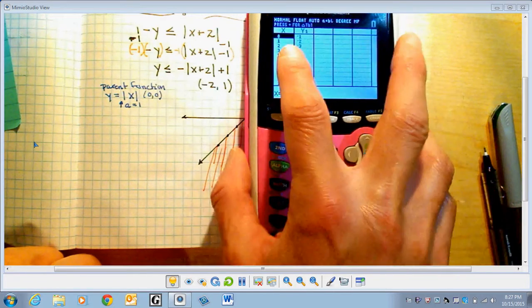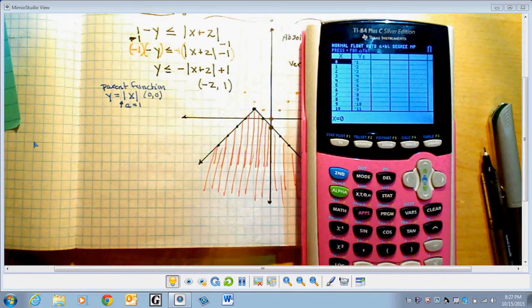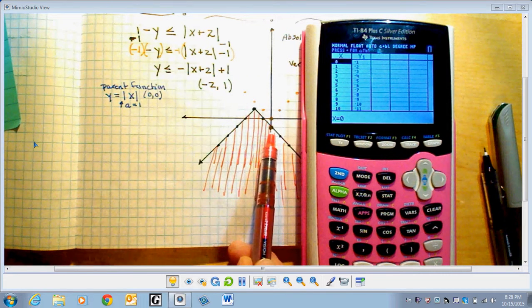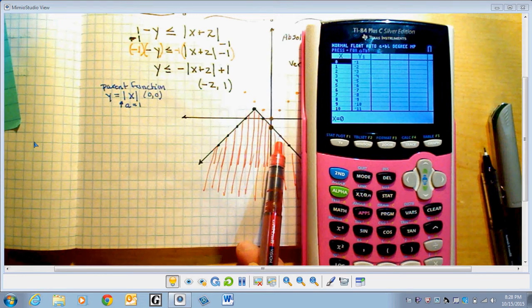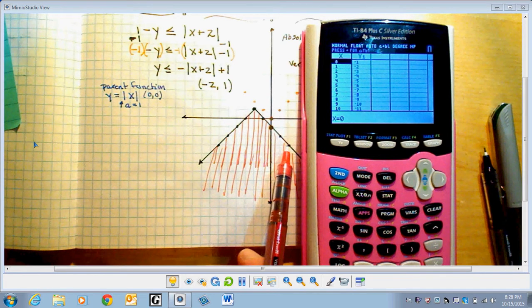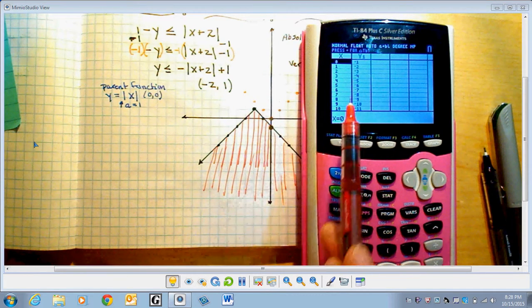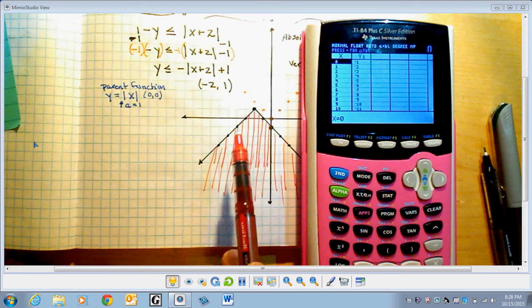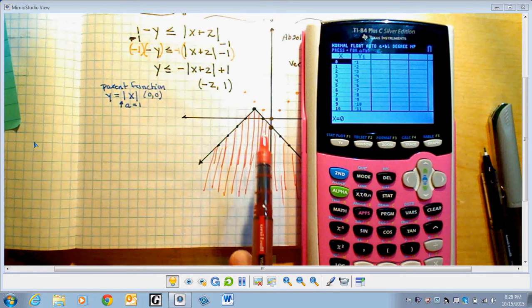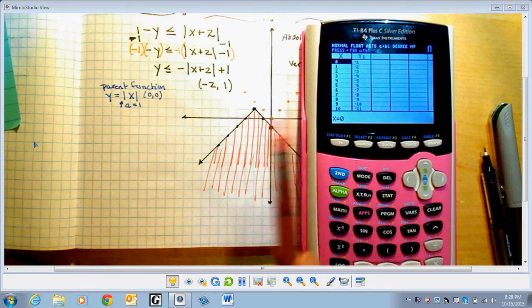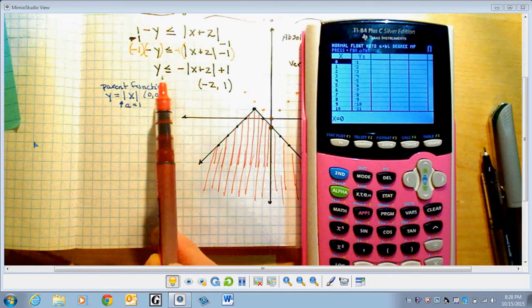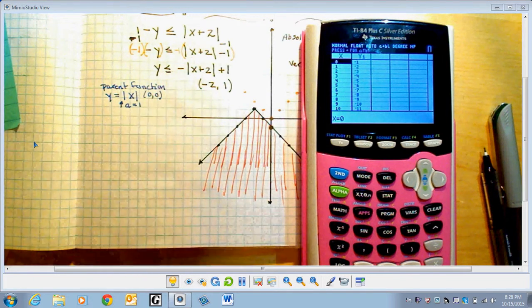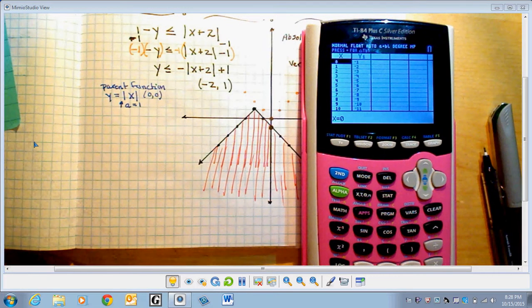Okay, so here we go. So 0, negative 1. Well, here's 0, negative 1. 1, negative 2. Well, that's 1, negative 2. 2, negative 3. That's 2, negative 3. So you can see this is giving me all the points on the line. And in this case, those points would actually make this true because I have an equal sign in my inequality.